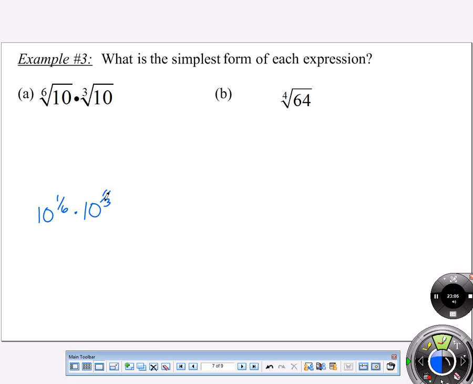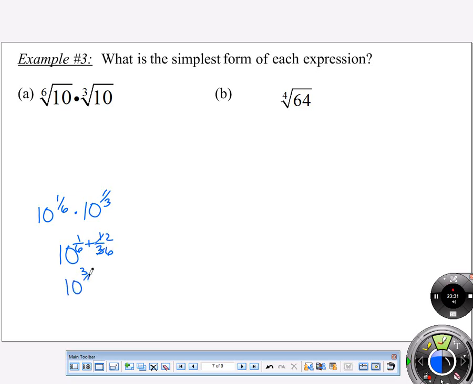If these both have a base of 10, that means I can write this as 10 to some new power, and that new power will be found by doing what? Adding the exponents, because they're following the same rule that we did before. So basically, the new exponent on 10 will be whatever 1/6 plus 1/3 is. Okay? And so I would find a common denominator for these to add my fractions together.